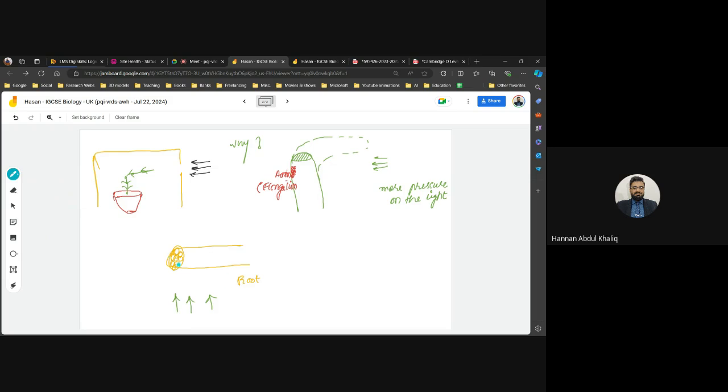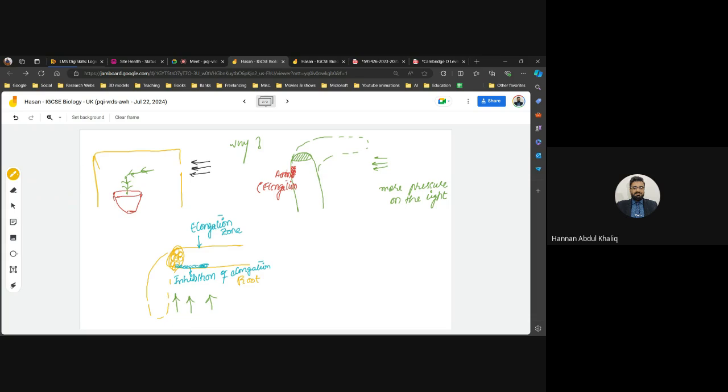So the auxin is going to be concentrated on this side, leading to inhibition of elongation, and elongation would occur here, leading to more pressure from the upper side, causing the bending of the root.